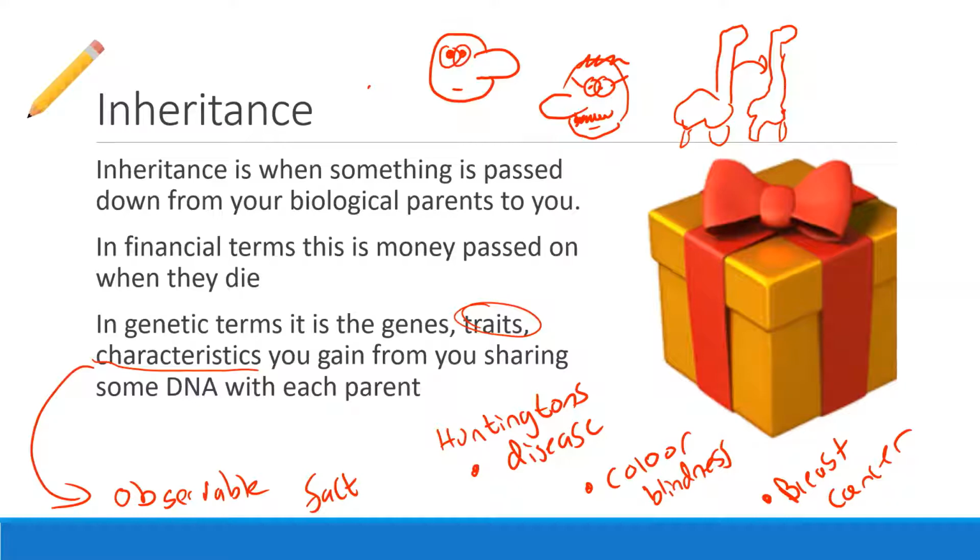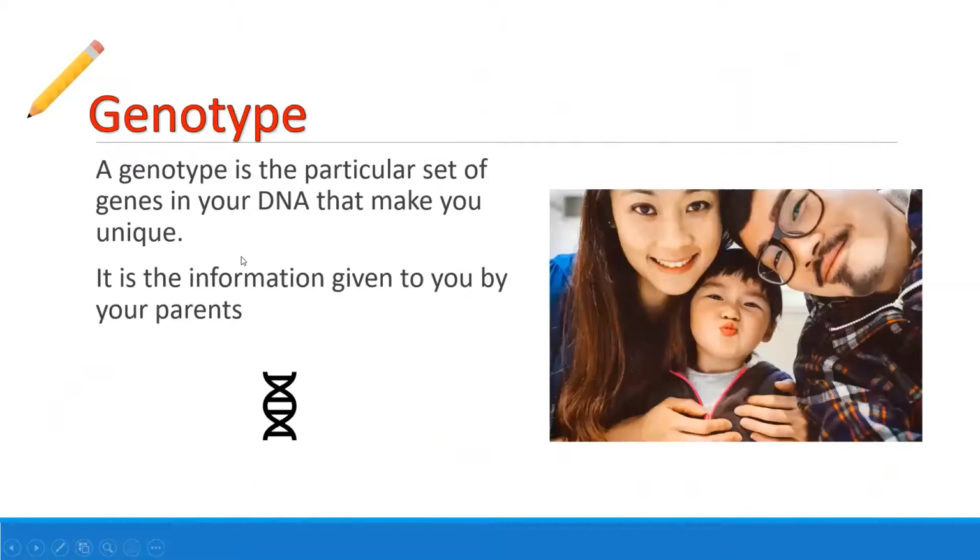Okay, so next up, let's talk about this new word here called genotype. Now, a genotype is the particular set of genes in your DNA that make you unique. We've talked about what genes are.